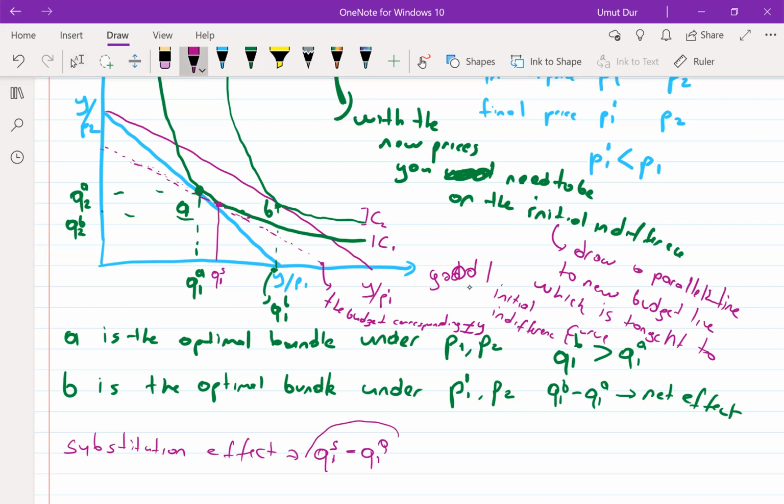Then the substitution effect comes from the difference between my initial optimal bundle and the imaginary optimal bundle that I'm coming from. Burada Q1 ise sadece bizim analizimizde gelen bir şey. Tamam mı? Aynı utility sağlarken yeni price'larla aynı utility sağlayayım. O zaman benim optimum bundle'ım ne olur? Ona bakıyorum.